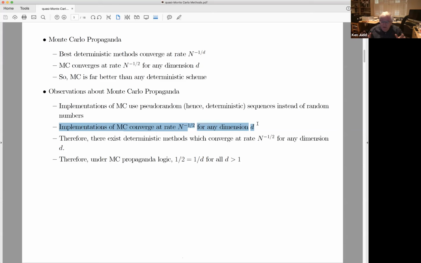So apparently there does exist deterministic methods for doing integration in a sampling method, which converge at rate 1 over square root n for any dimension d. So anyway, using Monte Carlo propaganda logic, 1/2 equals 1 over d for any d bigger than 1.